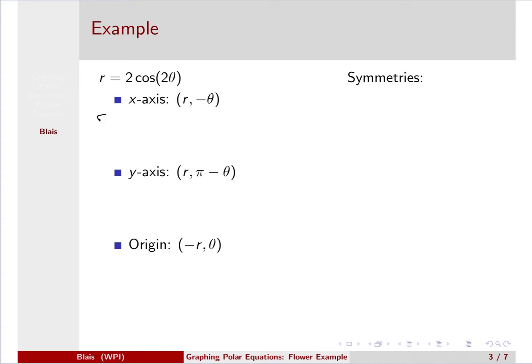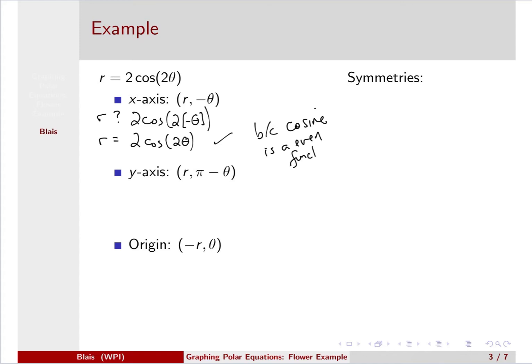We see, if we replace theta by minus theta, we actually do recover things because of the evenness of cosine, which allows us to replace cosine of minus 2 theta with cosine of 2 theta. And again, that's because cosine is an even function. So we do have x-axis symmetry.